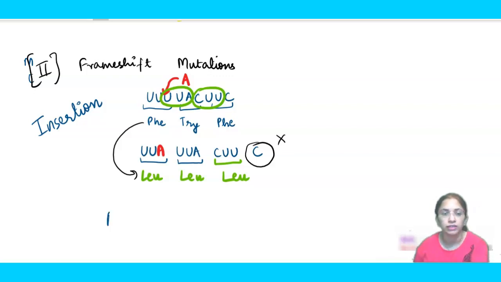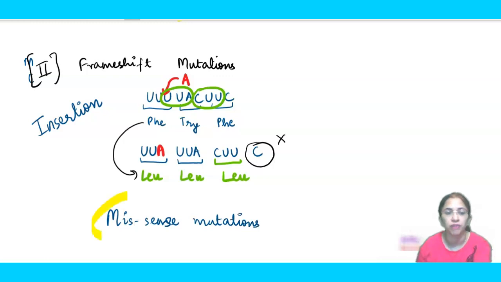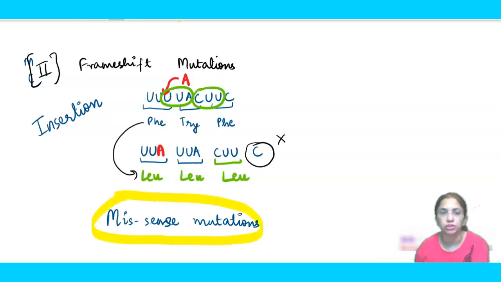So this example can also come under missense mutations, because this has affected the amino acid sequence. Remember, frame shift mutation can happen due to insertion. It can also happen due to deletion of a particular nucleotide or base as well.